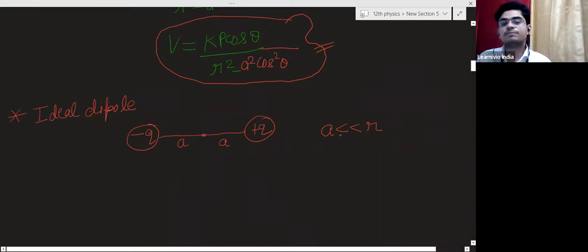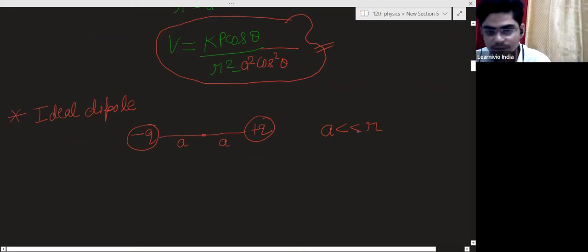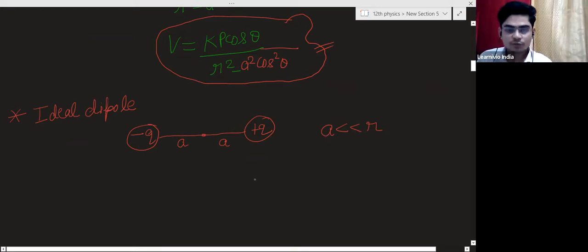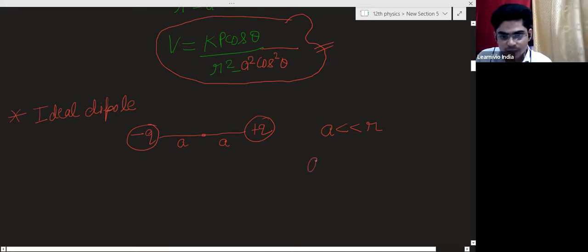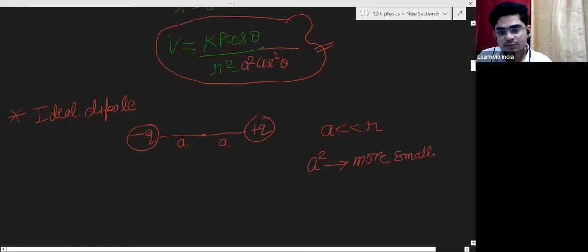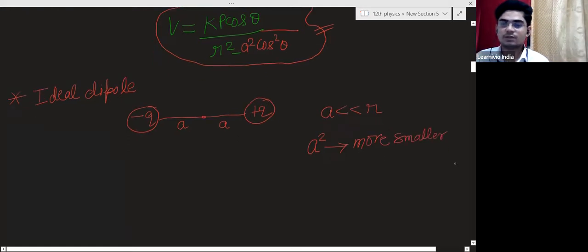So if r is much greater than a, what will happen? Can we write a square? a square will be even smaller.